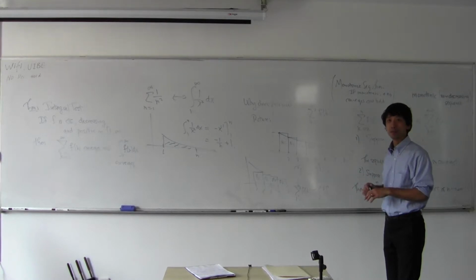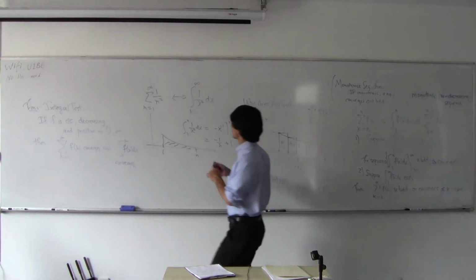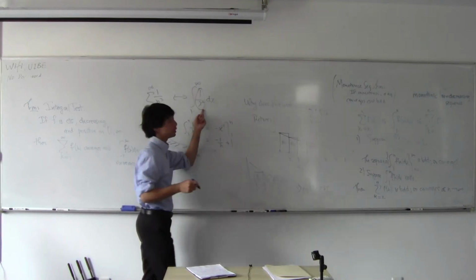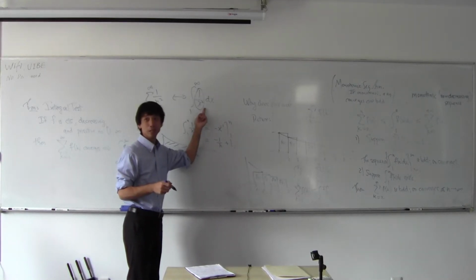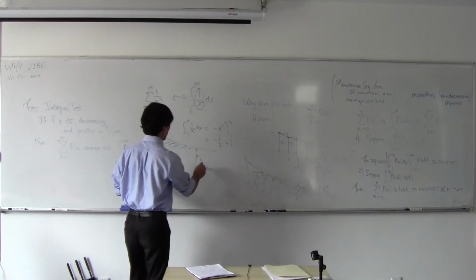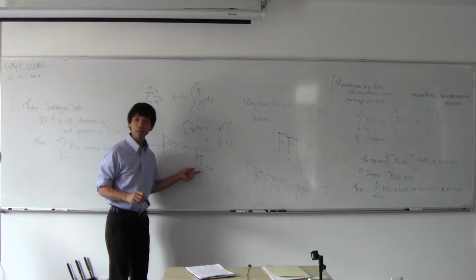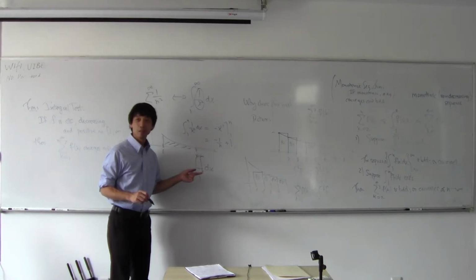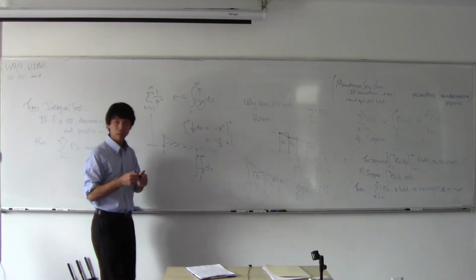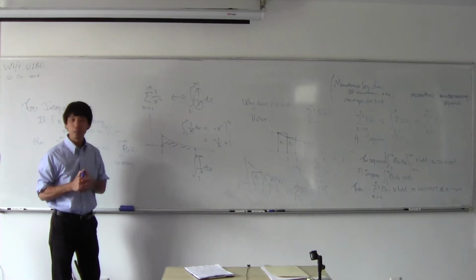Those are very different things, right? Here the function is bounded and the integral is bounded. Here, the function is bounded, the integral is not bounded, right? The integral is divergent. It's very different. Other questions? Okay.